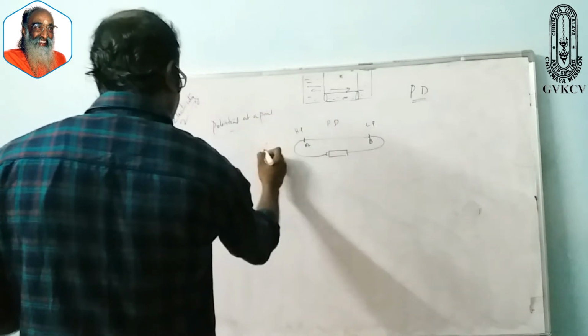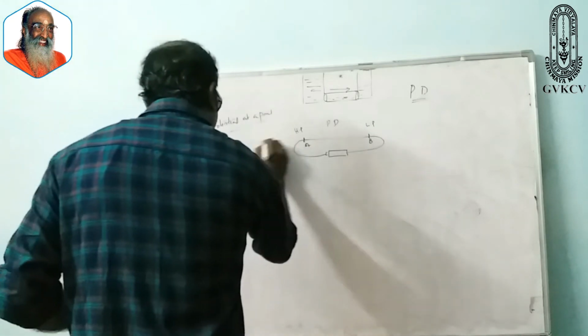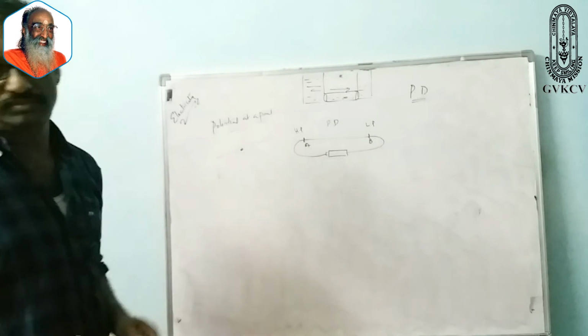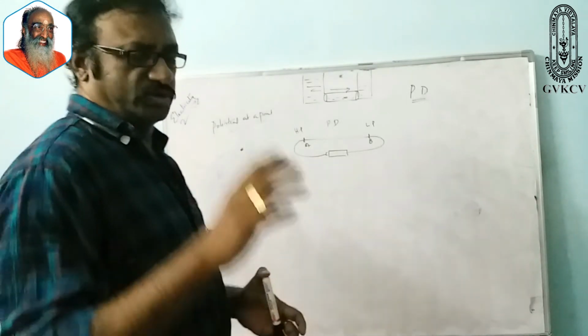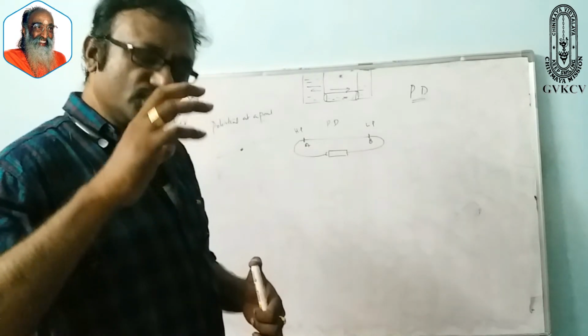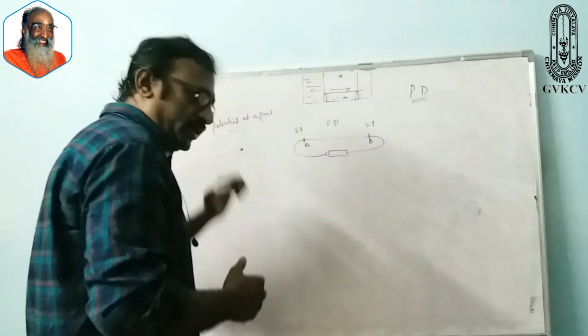Suppose there is a point in a conductor, and you want to find the potential at this point. How do we find it?